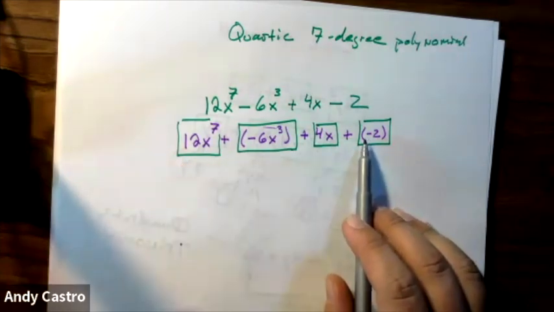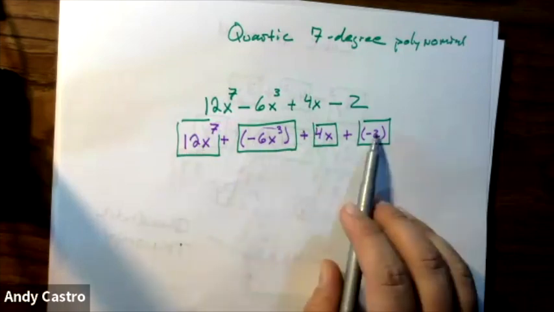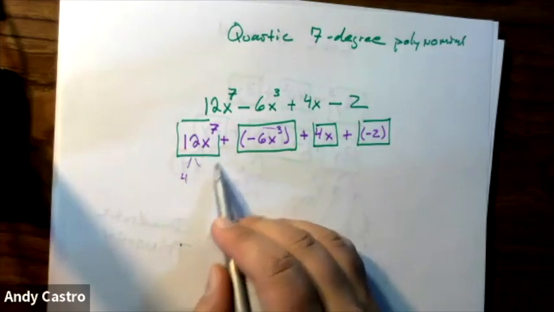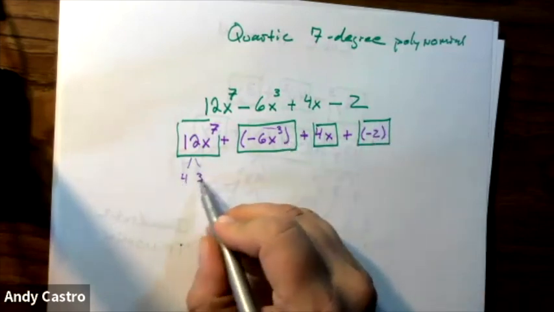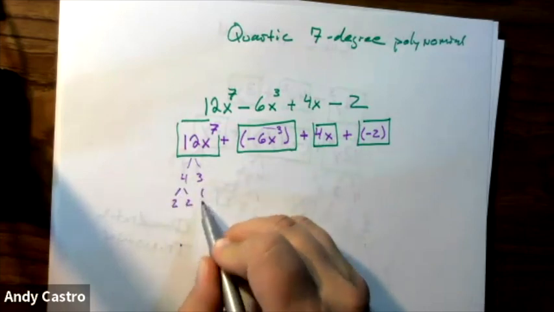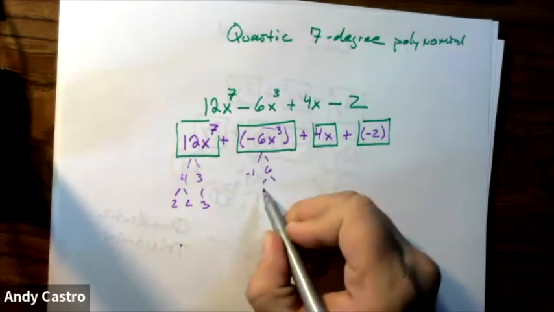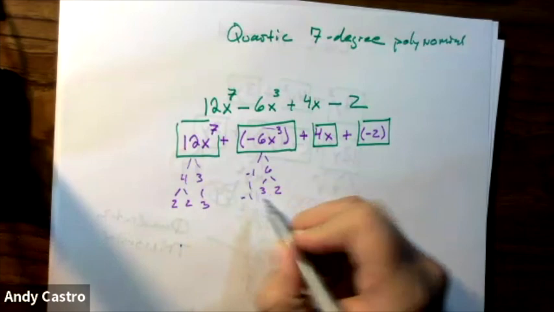So I could pull a positive 2 out of each one of these. I'm not going to do the x's since we know we don't have any x's here, but this would be a 4, 3, 2, 2, 3. This would be -1, 6, 3, 2, -1.